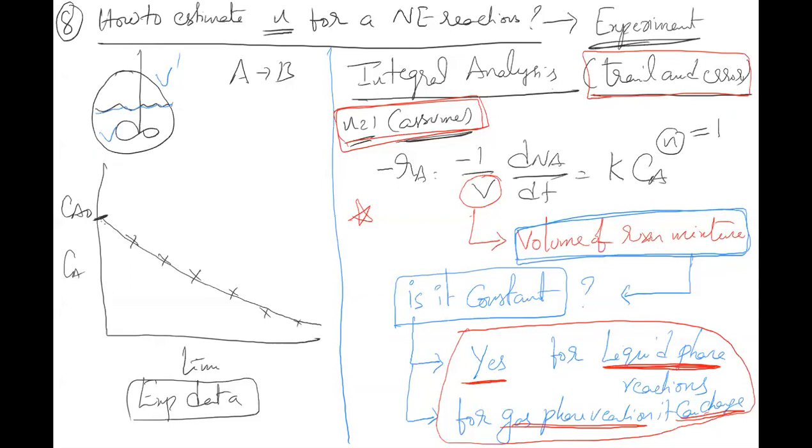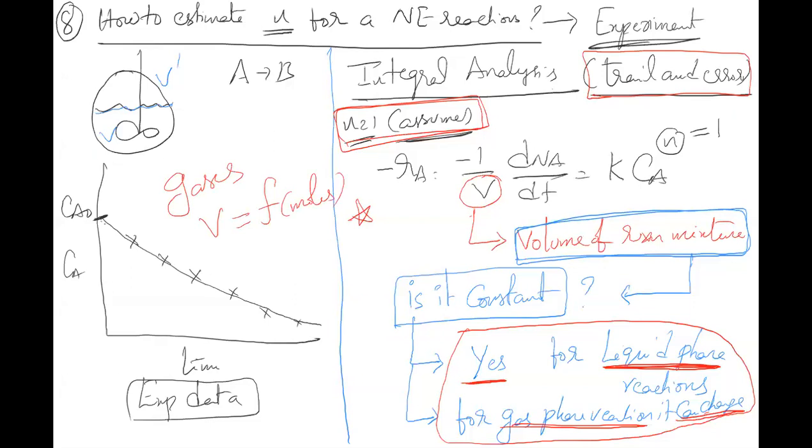Why for liquid phase reactions is it constant and for gas phase reactions it is variable? Somebody answered it as low compressibility. Density changes, partially correct. Density constant is exactly it. So for gases, your volume is proportional to moles.